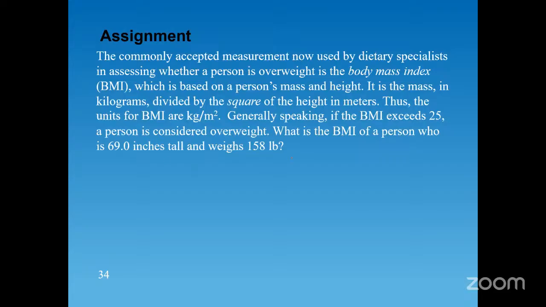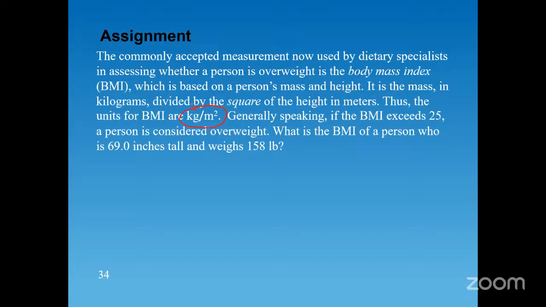So basically, the question says that the definition of the units of the body mass index is this right here. So that implies to get the value of the BMI, you take the mass of the person and divide it by their height squared. All right? And the question continues to say that if the BMI exceeds 25, then the person is considered to be overweight.